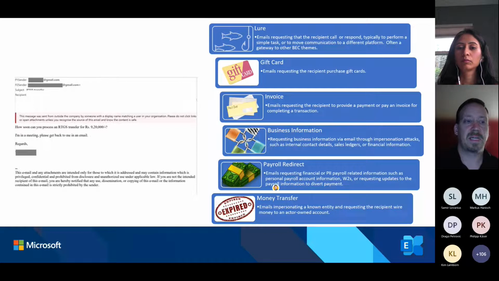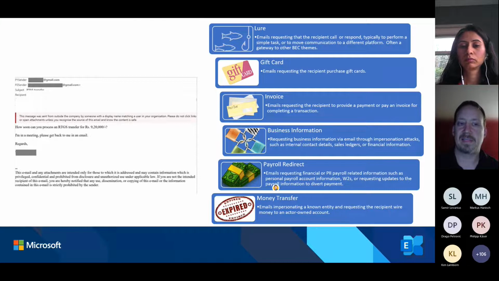The next one is money transfers. These are also a little bit similar to payroll redirects, but are usually just tied to something that's already scheduled or planned as a wire transfer. Usually these are about known or existing entities, or they already have some type of inside information about the scenario that's taking place, and they can put the pieces together and request status updates.